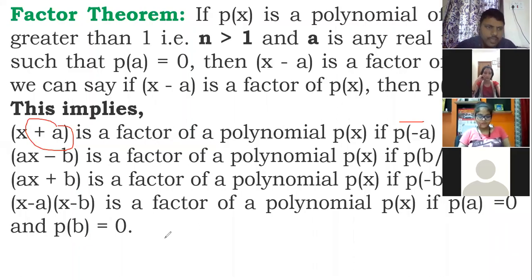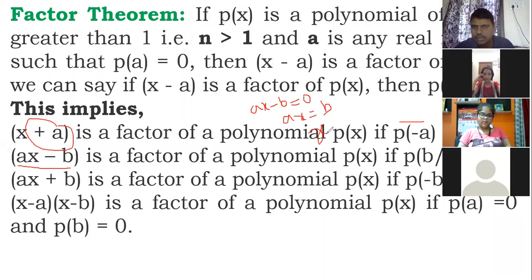Here, Ax minus B is a factor of a polynomial. Generally we take its zero: Ax is equal to minus B, and moving B to the other side, Ax is equal to B. So what will come?